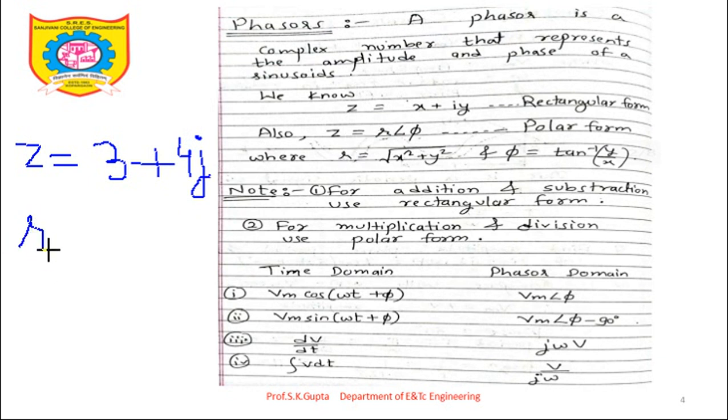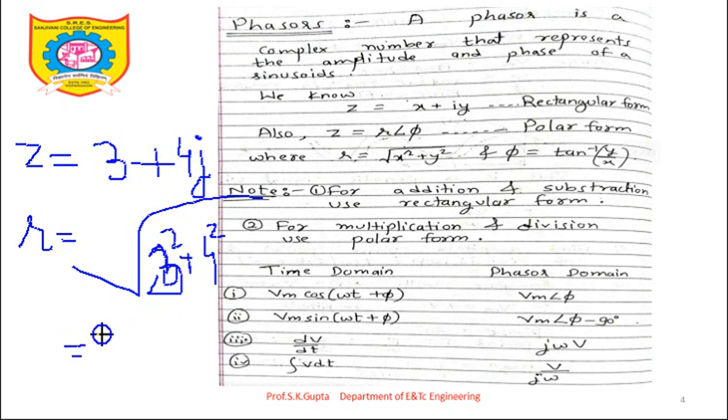The magnitude will be the square root of x squared plus y squared, so 3 squared plus 4 squared, which is 25. The square root of 25 is 5. So the magnitude will be 5. And the angle is given by tan inverse of y by x, so tan inverse of 4 by 3 will be the angle.